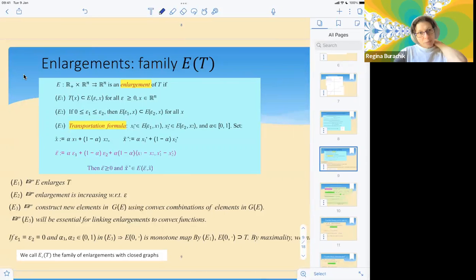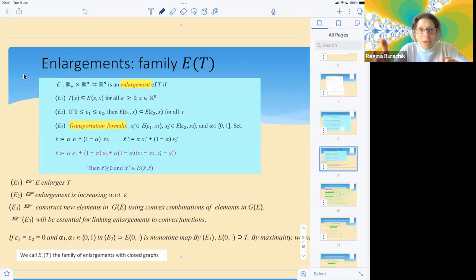That's an interesting question, but what I can say is that even if the maximally monotone operator T is not inner semi-continuous, all the enlargements are. So the enlargement is a point-to-set map, and in the sense of continuity of point-to-set maps, producing the enlargement is automatically producing a better version of T, in the sense that it has these two very nice continuity properties.